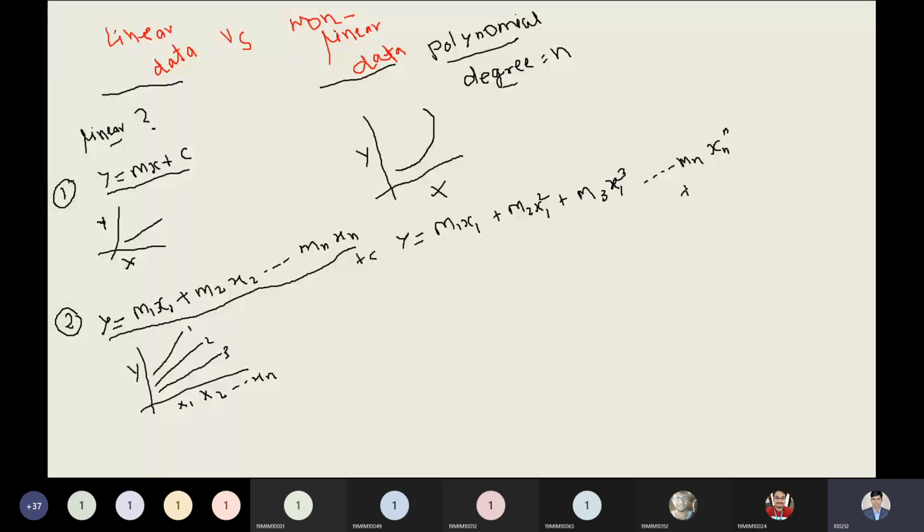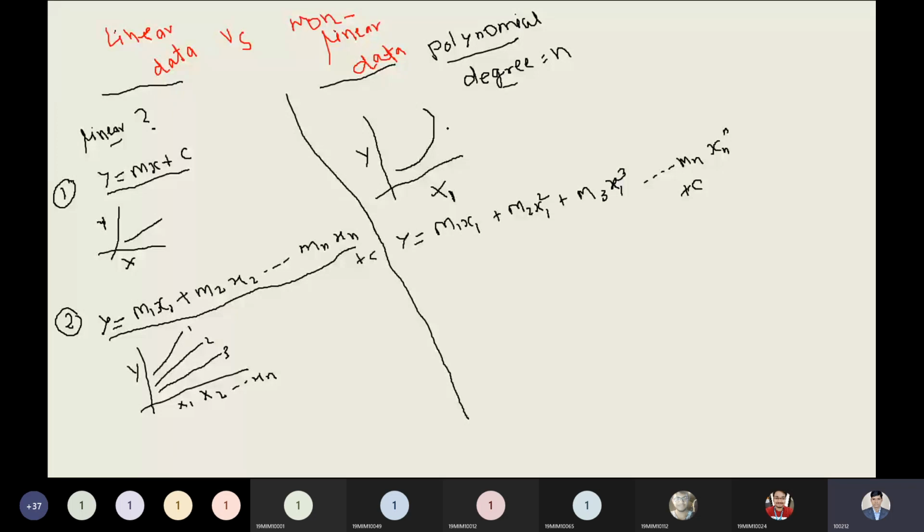Don't forget to put the c, that is the intercept point. What is the point we are observing over here? We have one independent variable, that is x1, and one dependent variable. And the x1 data will be plotted by their degree.